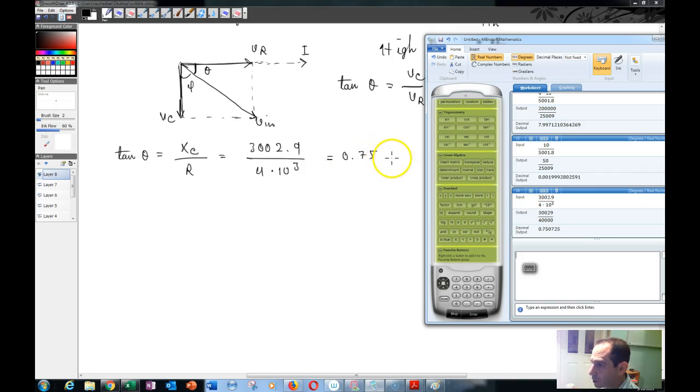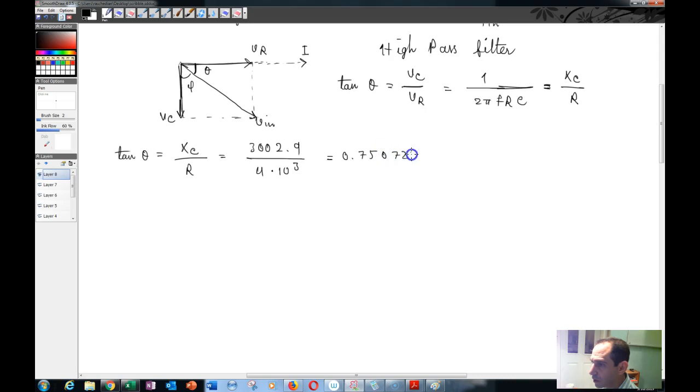Now theta is going to be equal to tan inverse of this ratio.